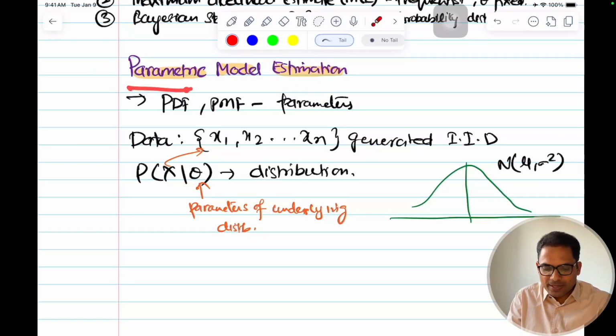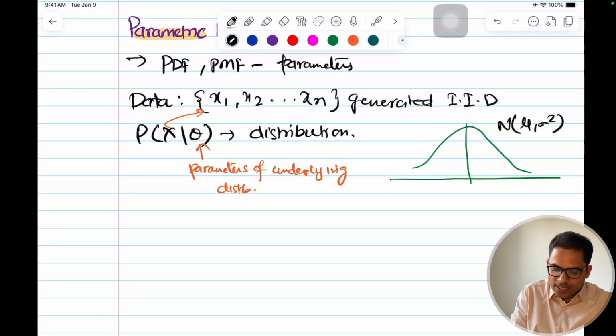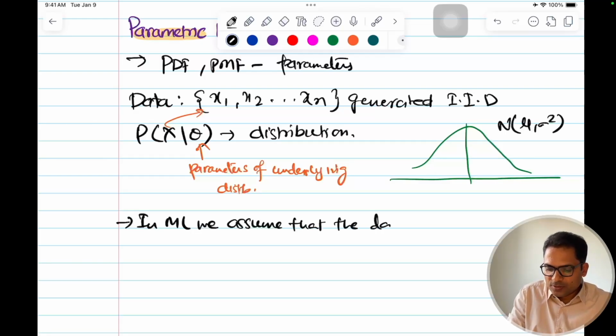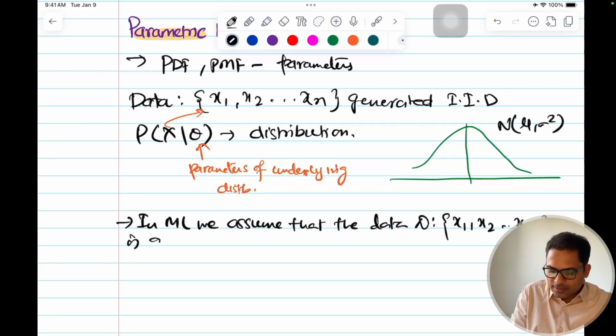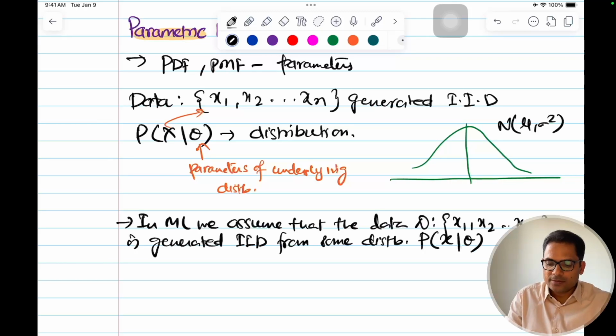I hope this is clear. Parametric model estimation. So let me write it down for you so that it's clear. In machine learning, we assume that the data D, x1, x2, ..., xn, is generated IID from some distribution p(x; theta), whose parameters are theta.